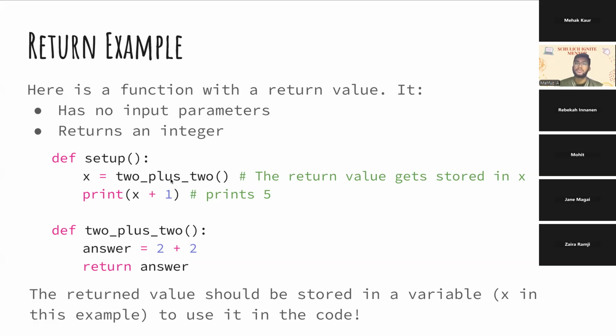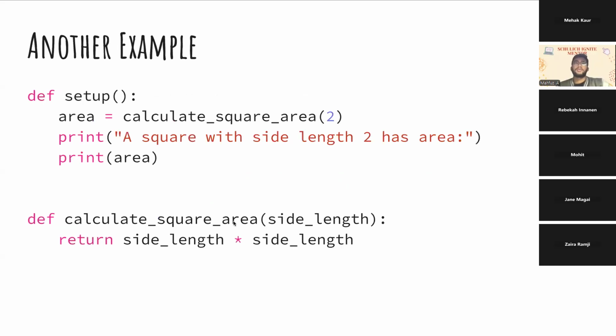So 2 plus 2, as we already know, is going to be 4. Put it into the variable x, and then the value of x, which is 4, is added to the value of 1, so it prints out 5, right? The return value should be stored in a variable x to use in the code. Okay, perfect. But you always have to store the return value. Awesome. Okay, so another example.